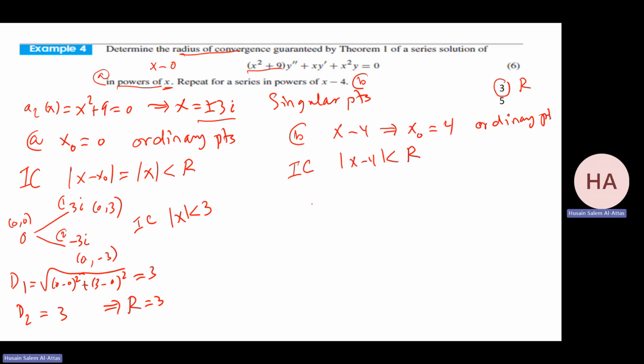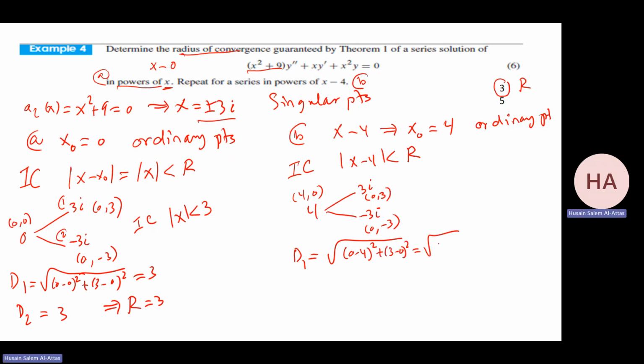How to find R? I need the distance from 4 to 3i and to minus 3i. Do the same trick. 4, 0. This is 0, 3, and this is 0, minus 3. So D1 will be the difference: the square root of (0 minus 4) squared plus (3 minus 0) squared.